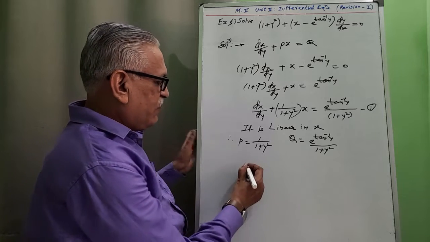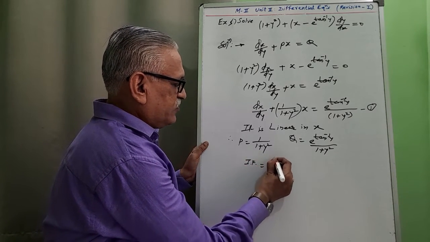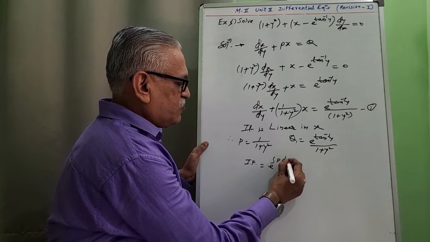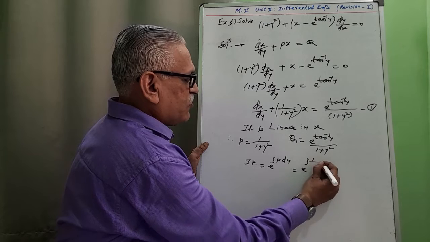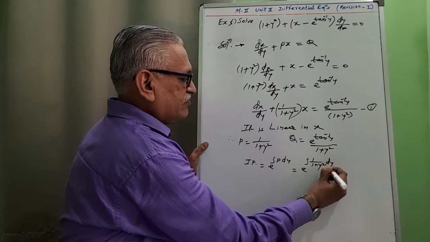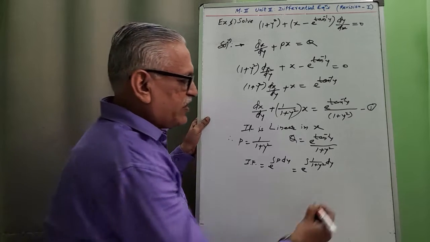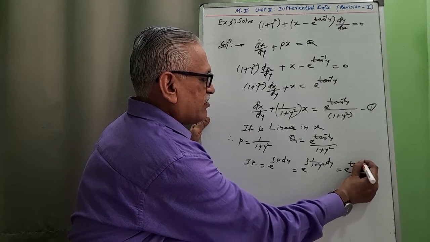Then we find the integrating factor as the next step. It is e raised to the integration of p with respect to y, the integration of 1 upon 1 plus y square with respect to y. The integration is tan inverse of y.